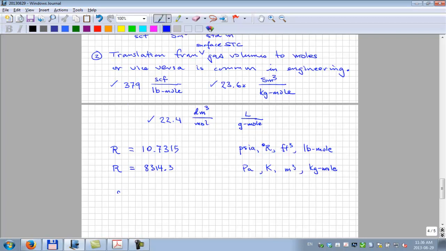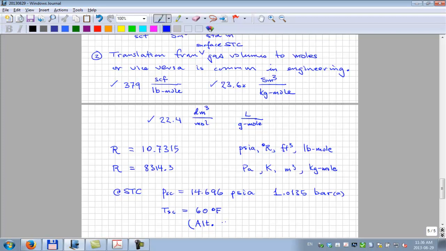And we're talking at standard conditions here. And then the pressure is well defined. But we do have some alternatives here.